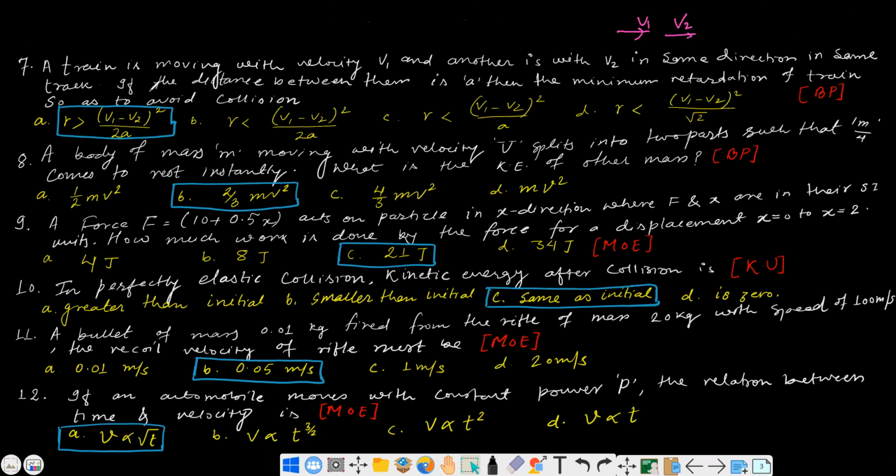Okay, in same track. If the difference between them is a, okay, मानौ यिनीहरुको बीचको डिस्टेन्स चाहिँ a छ. A, the minimum retardation of the train so as to avoid collision. Collision चाहिँ हुन दिनु भएन, यिनीहरु सँगसँगै हिँड्दैछन्, हामीले कतिको रिटार्डेसन डेभलप गर्ने हो भने चाहिँ यिनीहरु कोलिजन हुनबाट बच्छ होला त है. अब यो क्वेशन एकदम क्रुशियल टाइपको क्वेशन देखिन्छ.